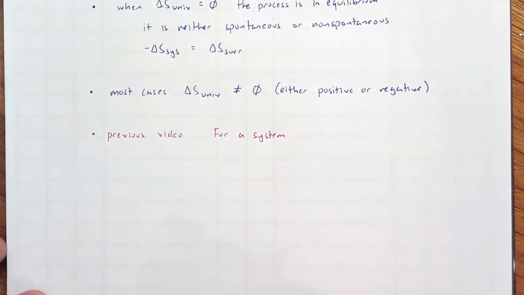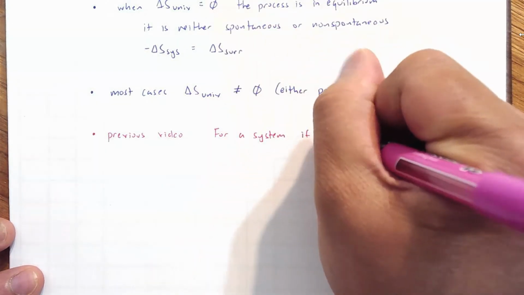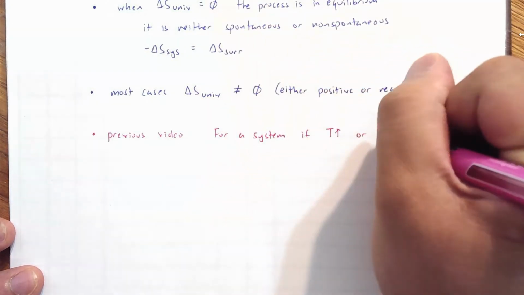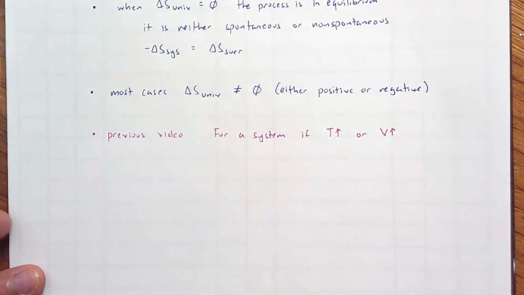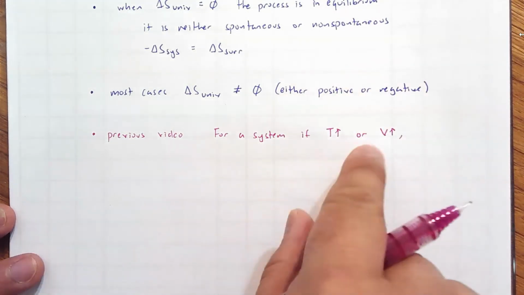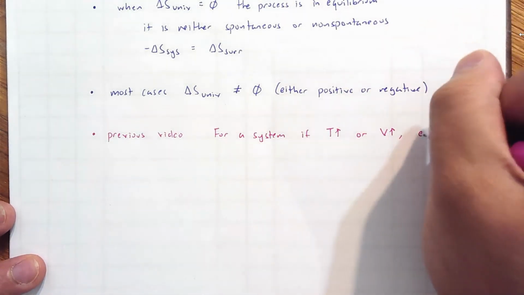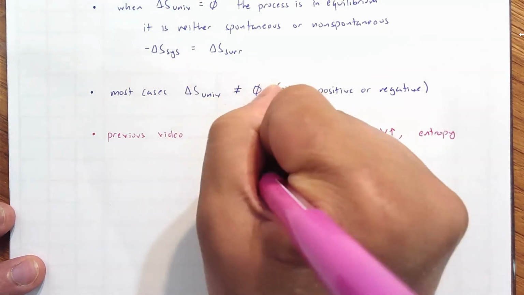That could be the system. For a system, if T goes up or V goes up, that means entropy of the system increases.